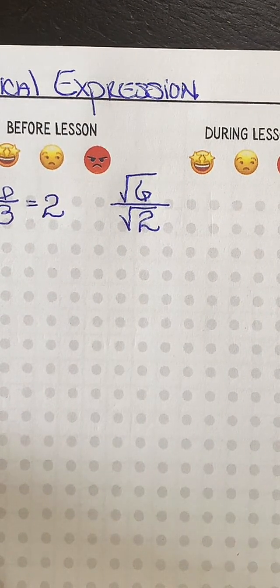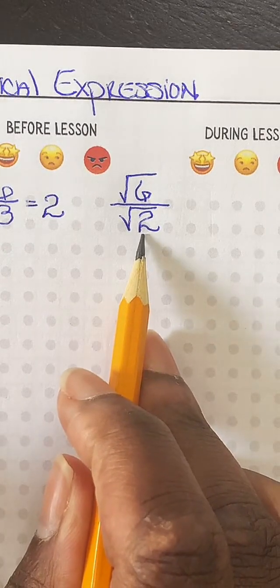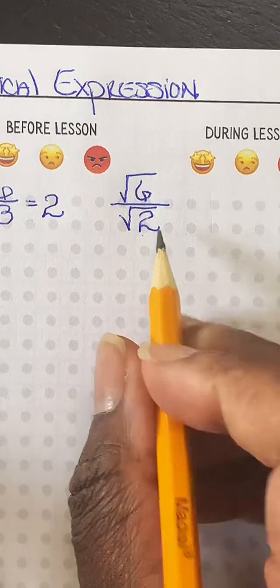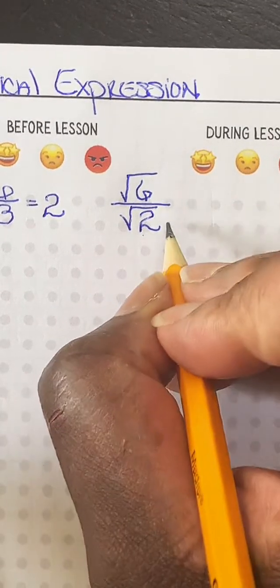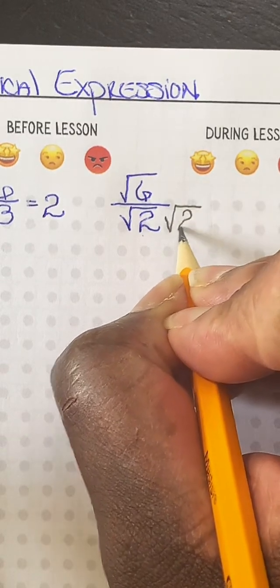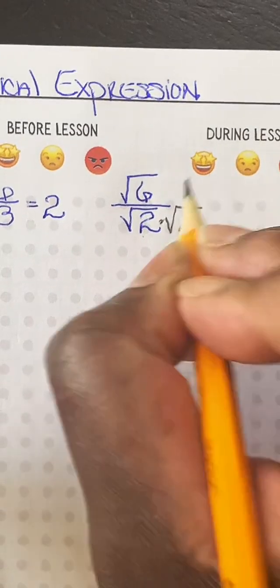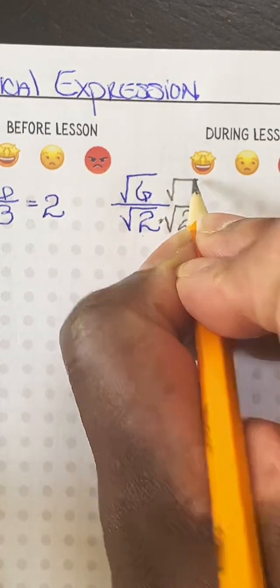The closest perfect square to 2 would be 4. So I know if I multiply this by the square root of 2, whatever I do in the denominator, I'm going to do in the numerator.